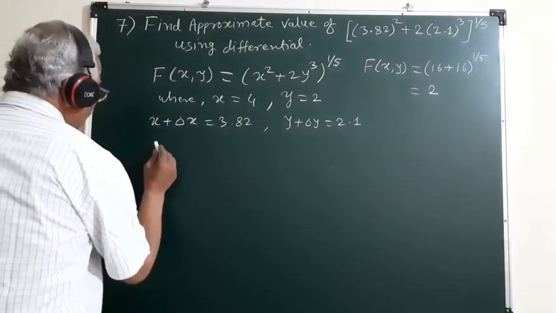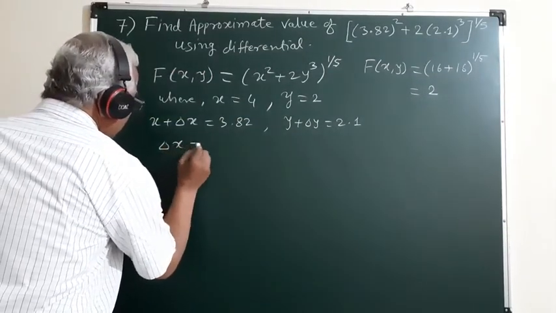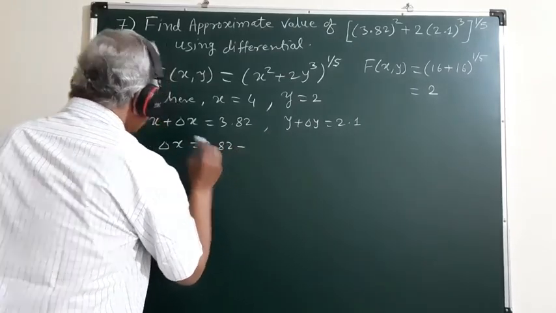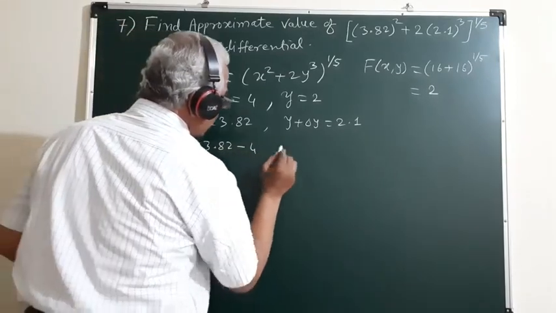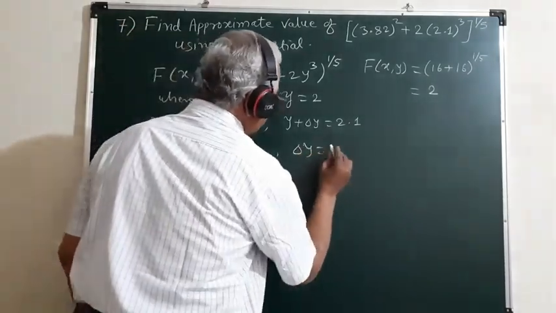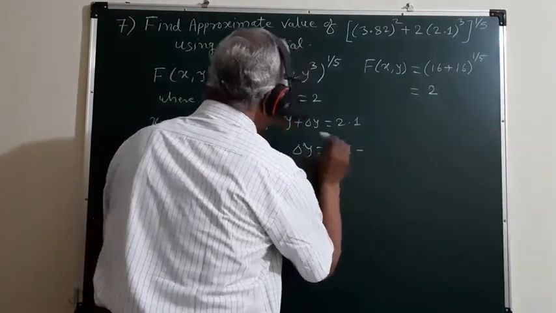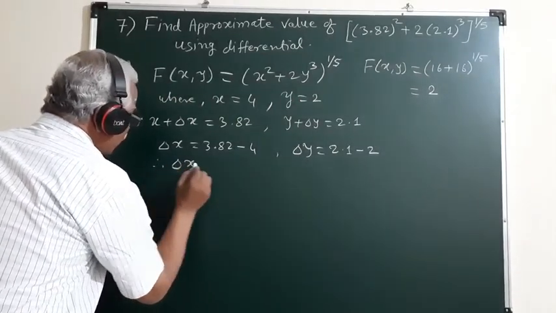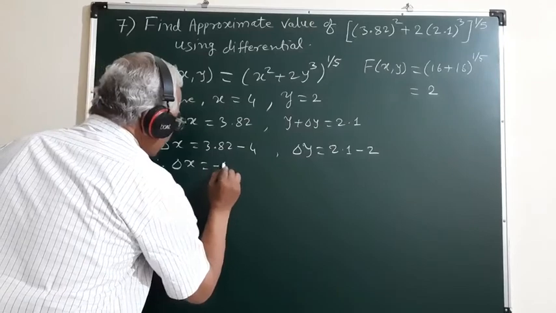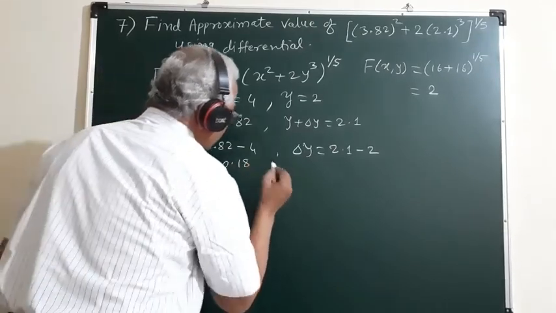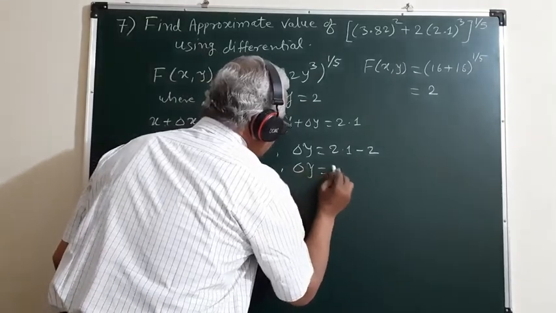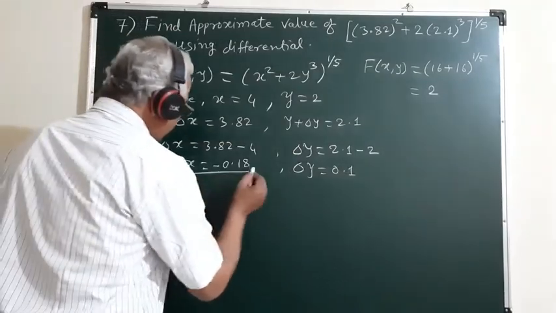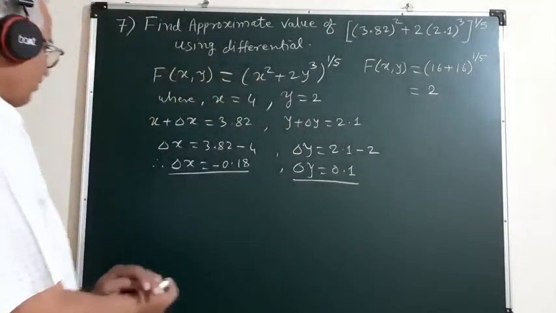So delta x will be 3.82 minus x, x is 4, and delta y will be 2.1 minus y, y is 2. Therefore, delta x works out to be minus 0.18 and delta y works out to be plus 0.1. So these are the values of delta x and delta y.